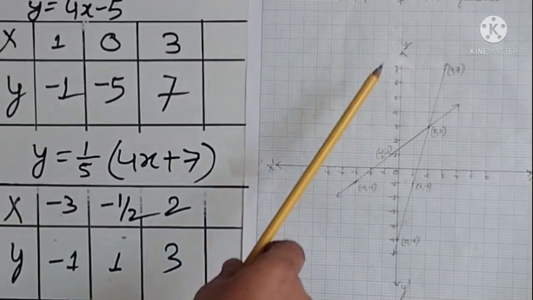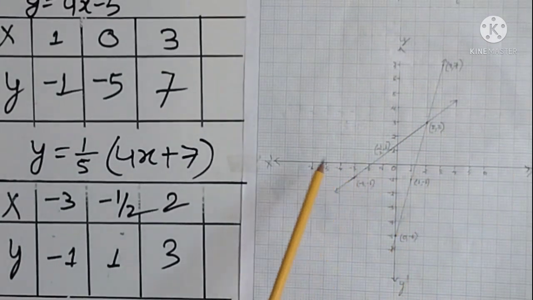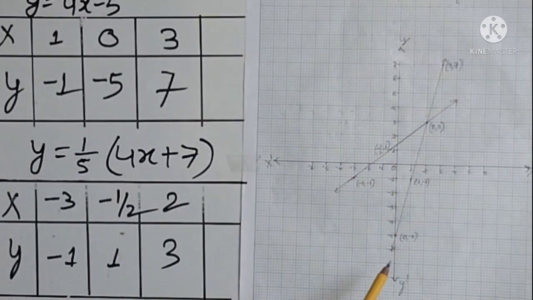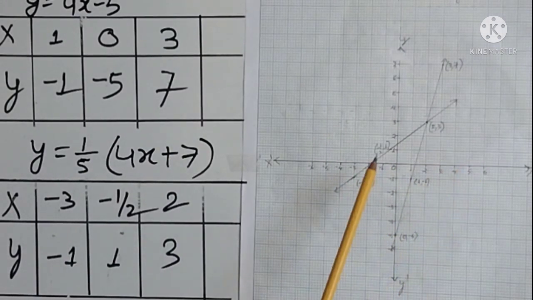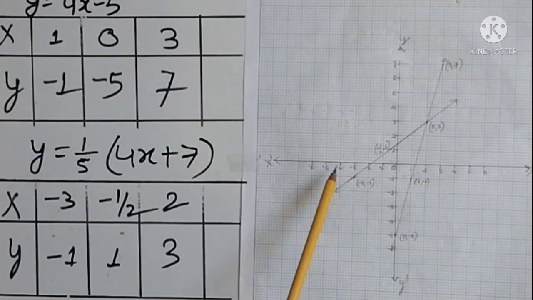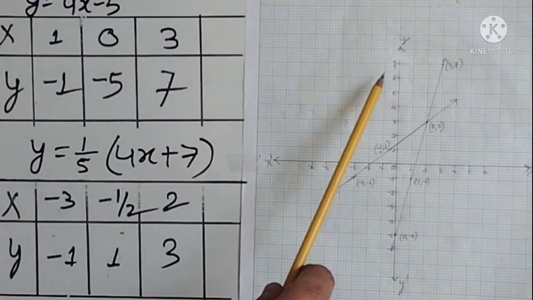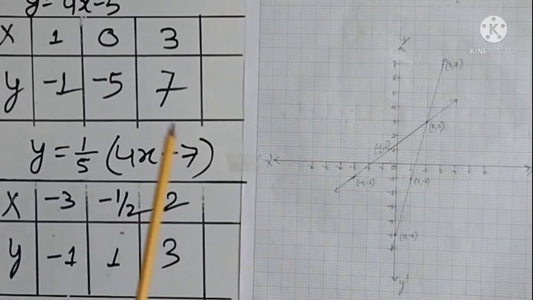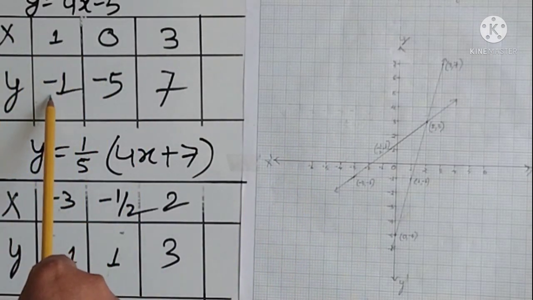So accordingly we have drawn it, X'OX, Y'OY. Now 1, 2, 3, 4 this side, minus 1, minus 2, minus 3. Accordingly in y we have 1, 2, 3, 4 positive values and here negative values. So consider the first one. When x is 1, y is minus 1.